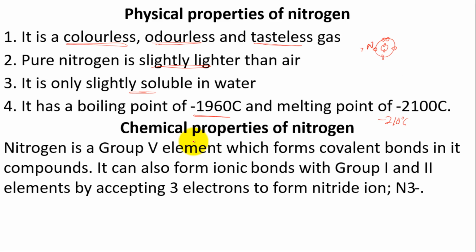You are going to have 5. Therefore, it has 5 valence electrons, which means it needs 3 more. Therefore, it's forming how many bonds? It's forming 3 bonds to form nitrogen gas.